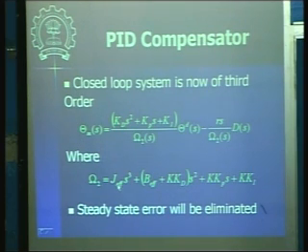Now this is a third order characteristic polynomial. And as I explained earlier, the steady state error in PID control will be eliminated. This is the basic advantage of using PID control, and now you can tune the gains of the PID controller again to suit your application requirements.